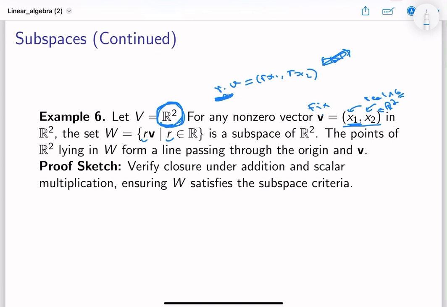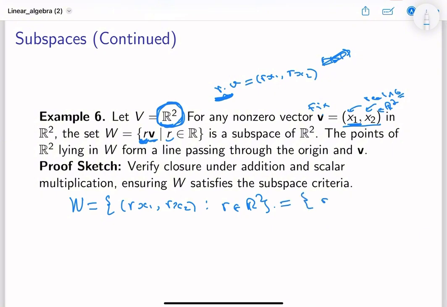I guess I'll slow down now because I don't want to get anyone tortured by this. So again, omega is the set of all vectors of the form (rx1, rx2) as r runs over the real numbers. So this is what we're taking. We fixed v, and we're hitting v by all the real numbers, and we're collecting all of these elements.